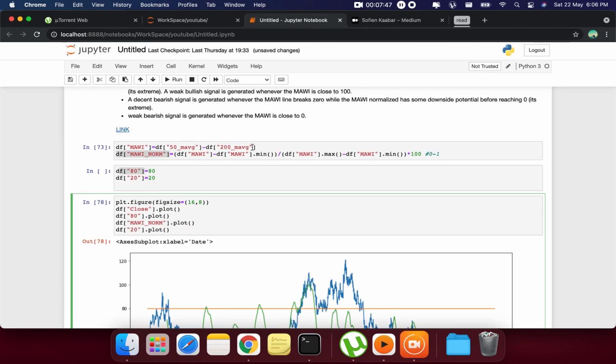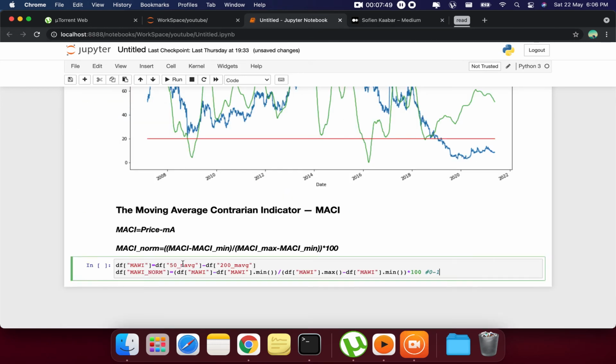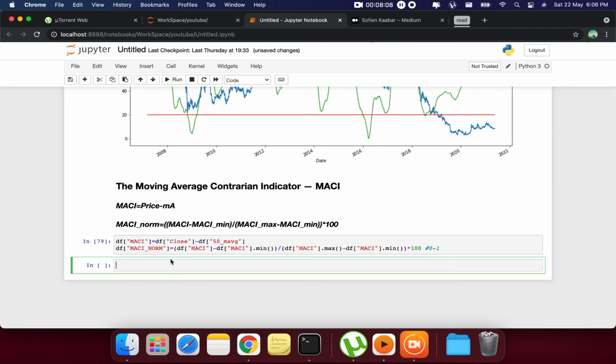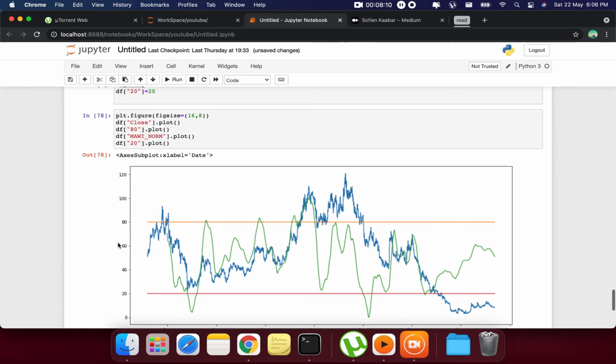So I will just copy this whole thing from here and replace WI with CI. Change the 50 moving average to close price and the 200 day moving average to the 50 day moving average. Now let me visualize this as well.